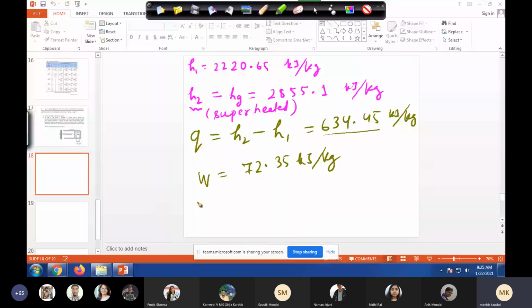All you need to calculate is V2, which is nothing but superheated Vg. So Vg you can write directly, and V1 is nothing but Vg at 1 times x plus Vf at 1 times 1 minus x. You know the pressure also, so it should be straightforward. Did anyone get something different? If someone has tried, fine; if not, then you try. I don't think the answer will be wrong.